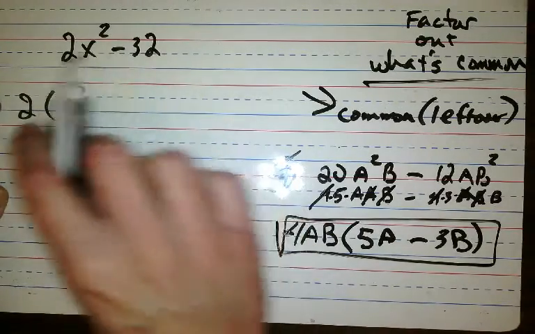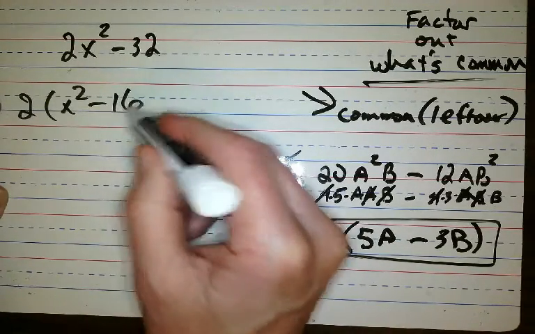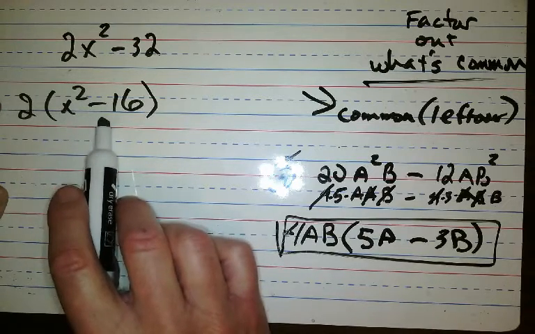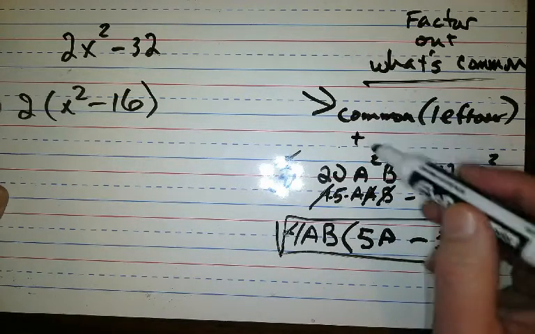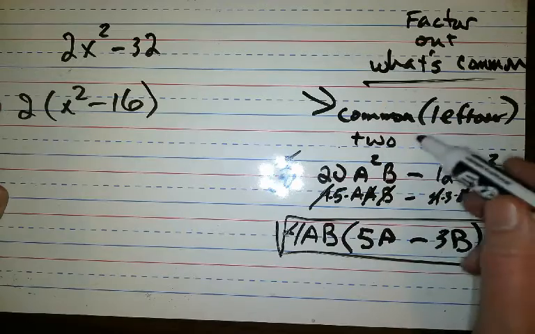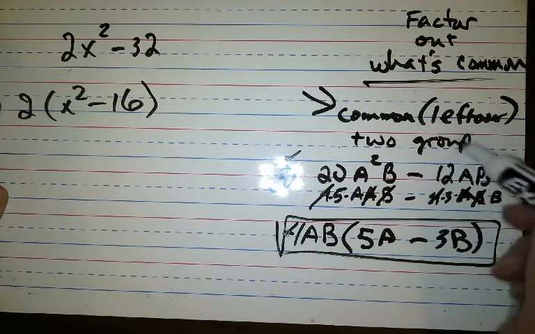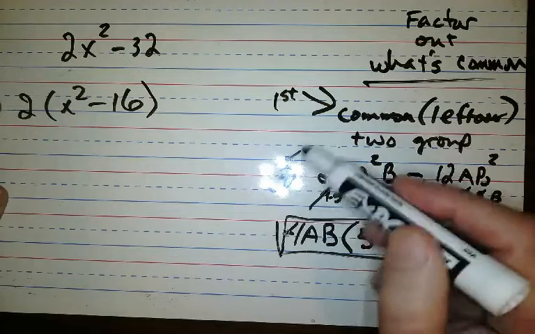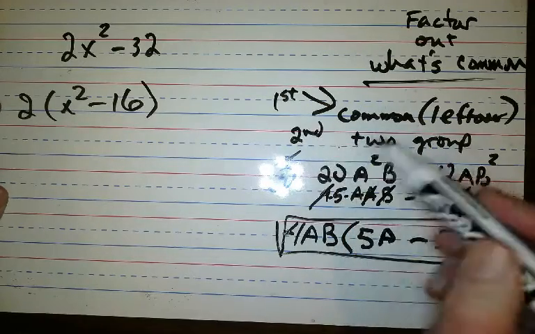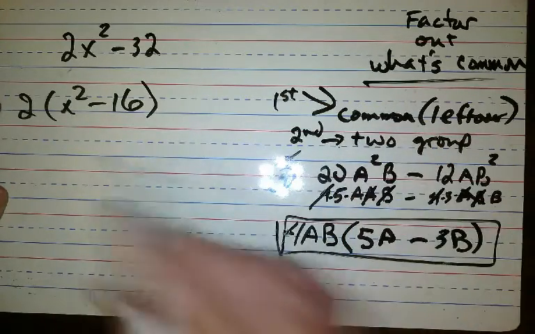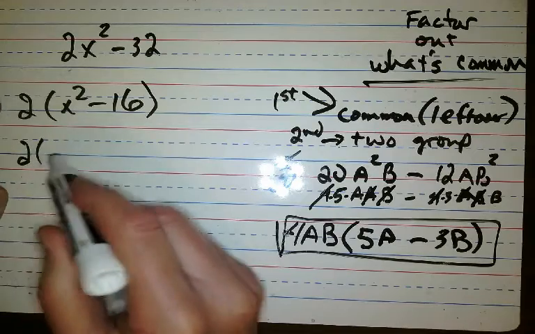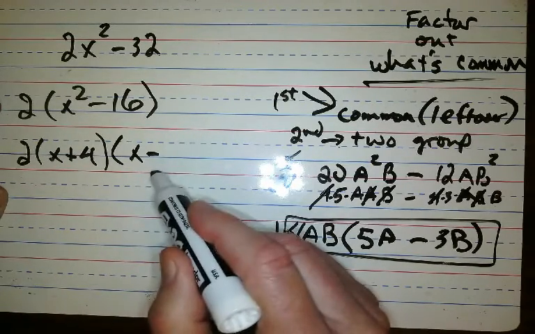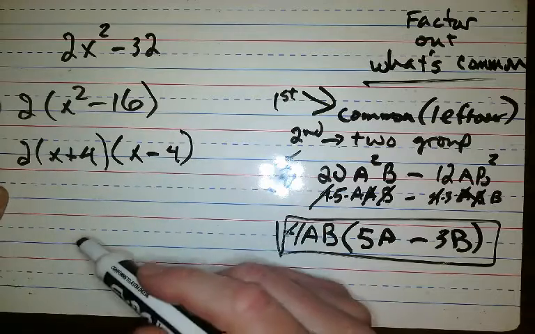So I have to divide everything by 2. And look what happens. Now I have to factor into two groups. So you always look to see if there's anything common. This is your first step. Right? And then second, after you take out what's common, can you break it down into two groups? Well, sure I can. This is x plus 4 and x minus 4. Right?